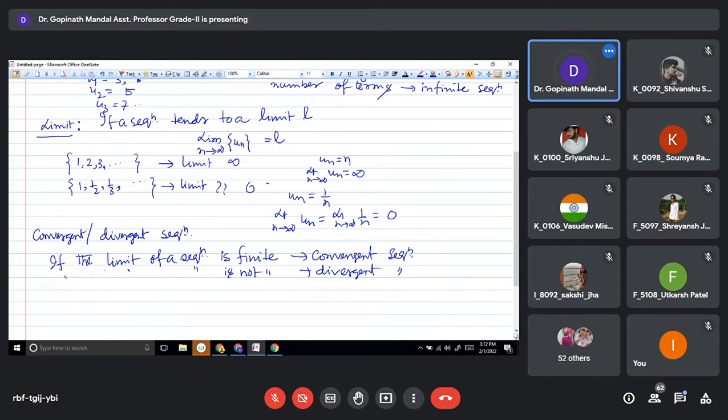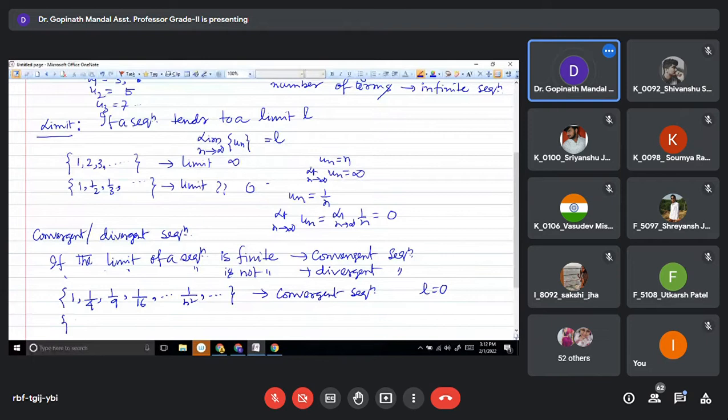So suppose sequence 1, 1 by 4, 1 by 9, 1 by 16, 1 by n squared. This will be a convergent sequence, because the limit L is equal to 0.